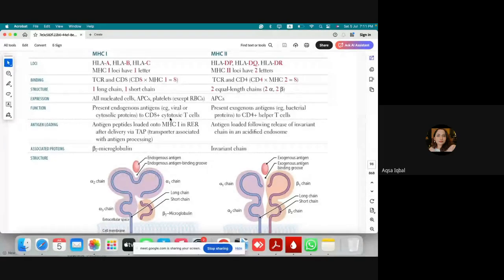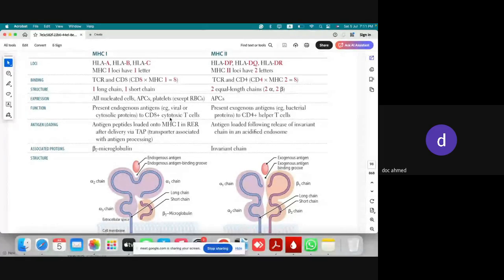Okay, so there are antigen presenting cells. The antigen presenting cells are basically the cells that present the antigen to the T cells. There are four types: B cells, dendritic cells, macrophages, and the Langerhans cells.